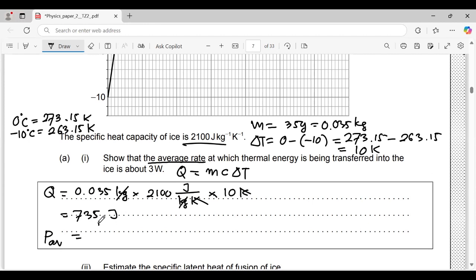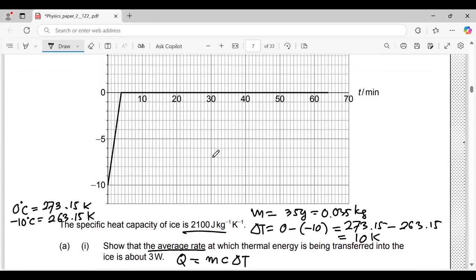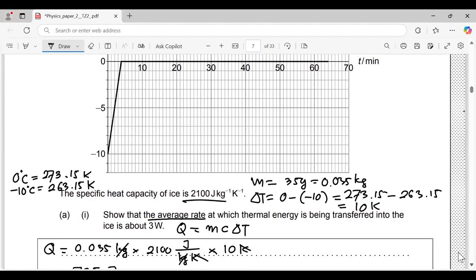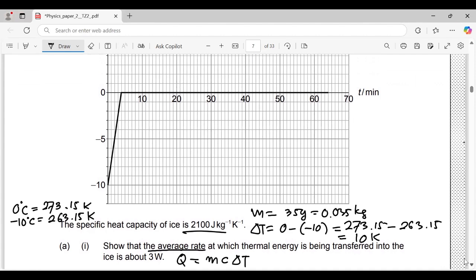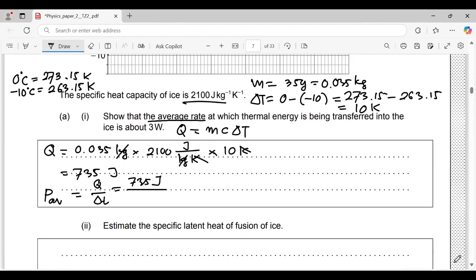The formula is Q over delta t, 735 joule over 4 minutes. I'm going to show you on this graph. From minus 10 to 0, look, there are 1, 2, 3, 4. Okay, 4 minutes, it means 4 times 60.